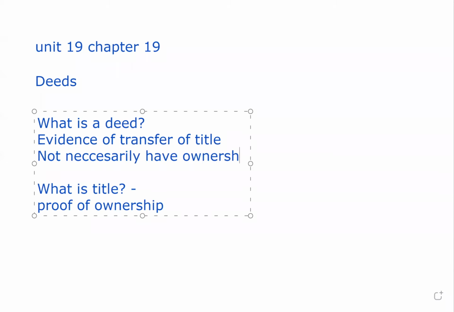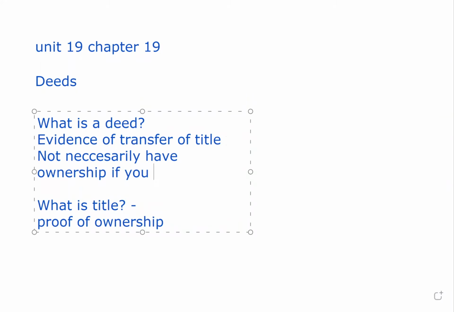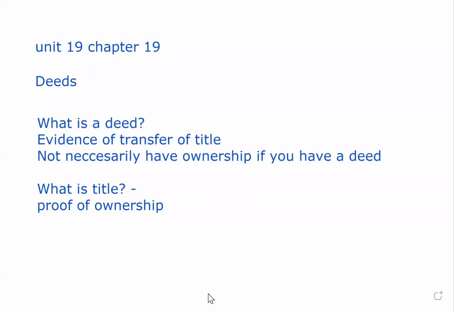And why do I say that? Well, when we get into the particular deed types, we're going to understand that there is one deed type where your ownership of the property may be in question. You may not have ownership.